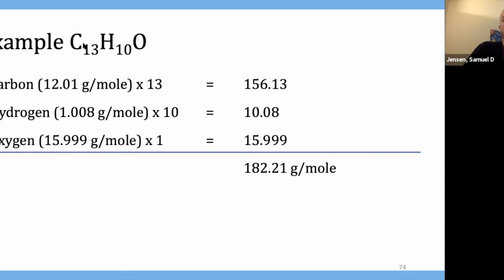So there are 13 carbons, 10 hydrogens, and 1 oxygen. Each one of the values in the parentheses is something you would already have, since you would have a periodic table. Here I'm just multiplying them individually and then adding them all up afterwards, and this gets us to the total molecular weight in grams per mole: 182.